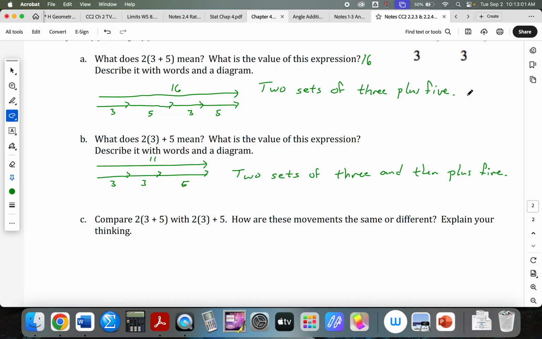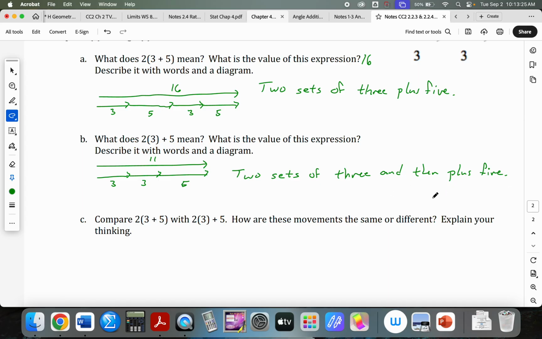And on this, the English can be a little bit confusing. I've had students who have said, well, I wrote two sets of 3 plus 5 for both of them. Because if you just read it, it kind of reads that way. So there's two ways that you can make sure that everyone knows that you don't mean the same thing. One of them is what I did here, and that's to say, and then plus 5.